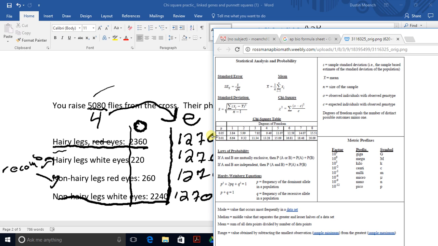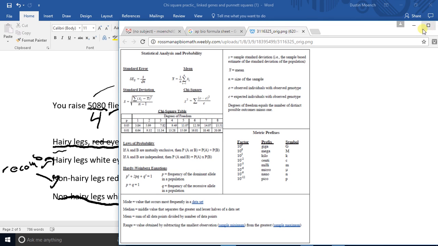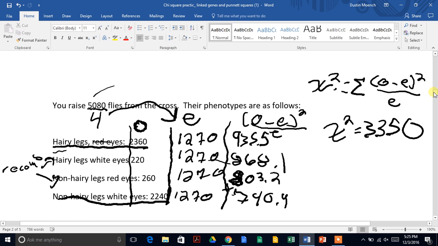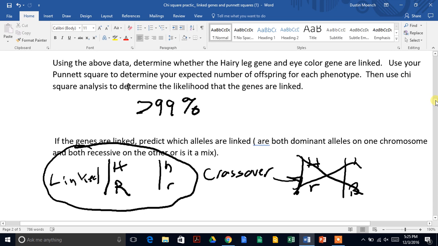What does that mean? It means there is a 99% chance that this isn't Mendelianly inherited. There's a 99% chance that they are linked. So we're going to go down and write in: use your Punnett Square to determine whether the hairy leg gene and the eye color gene are linked. Well, we can now be 99% certain that they are.